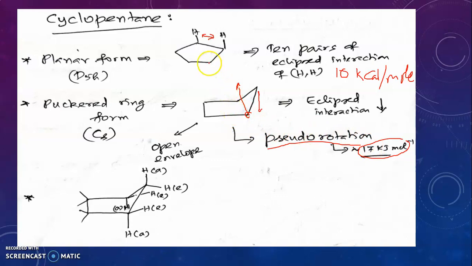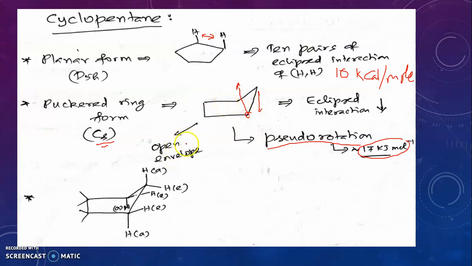But if you compare the planar form and the puckered ring form, even though the energy difference is less, the puckered ring form is more stable than the planar form. This puckered ring form of cyclopentane belongs to the point group Cs, and this shape is called the open envelope shape.